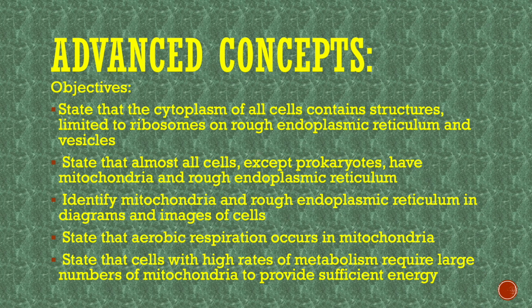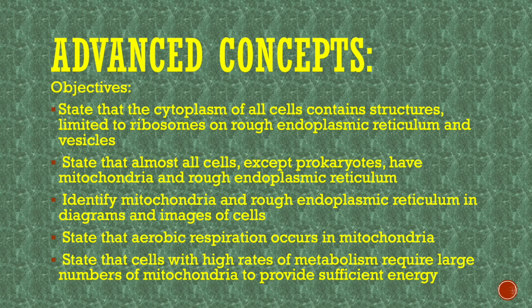Advanced concepts. Objectives. State that the cytoplasm of all cells contains structures limited to ribosomes on rough endoplasmic reticulum and vesicles. Next, state that almost all cells, except prokaryotes, have mitochondria and rough endoplasmic reticulum.